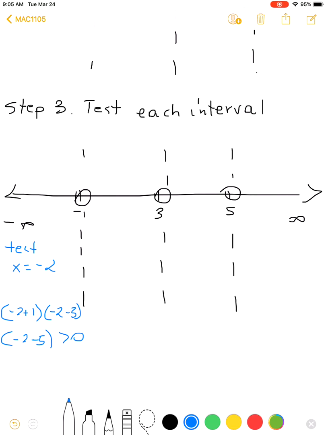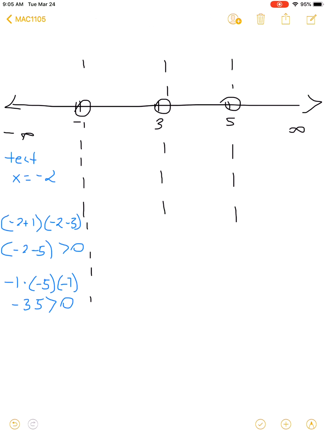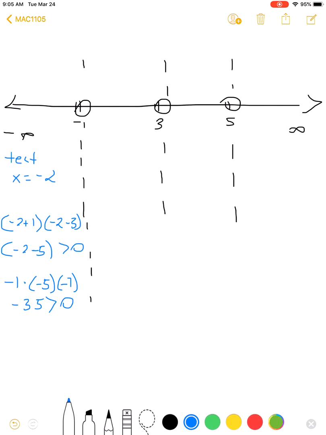When you solve that, we're getting -2 plus 1, which is -1, times -5 times -7, and that will give you -35, which is not positive. Okay, so this is not true.